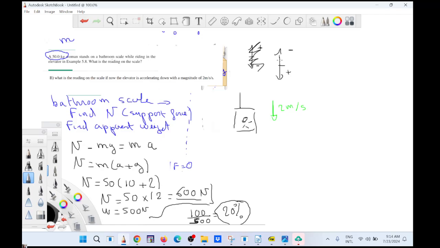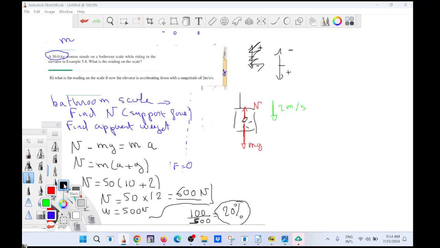So you can decide the positive direction as you want. It means that her weight is still down, but it has to be larger than the normal force. And you know that you're going to feel lighter, right?